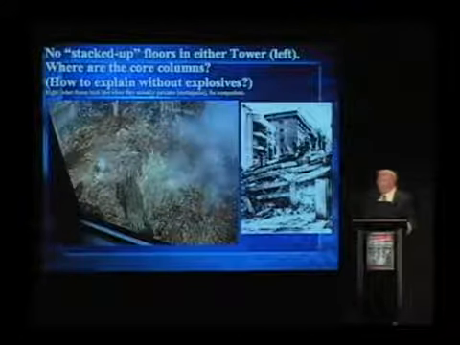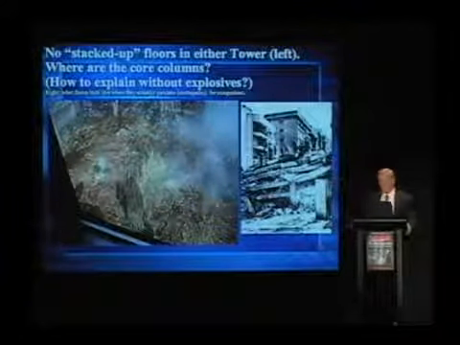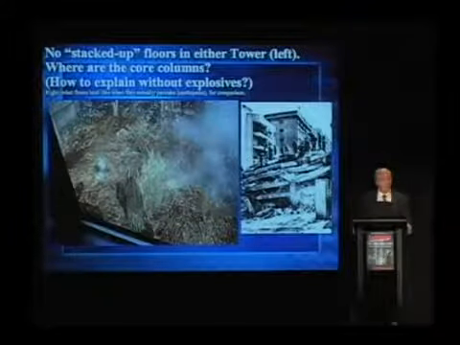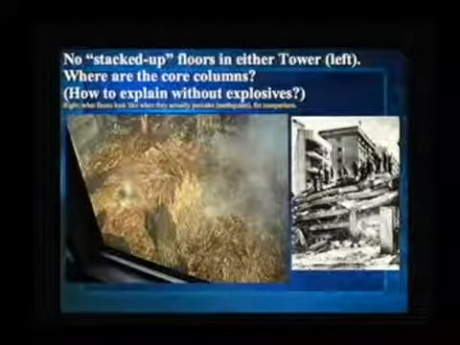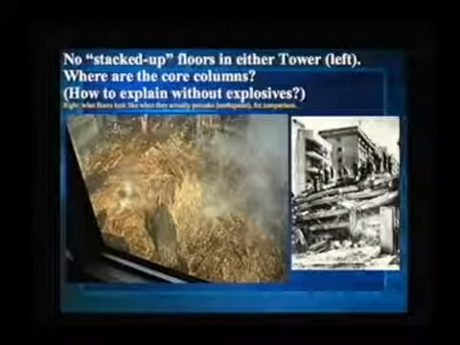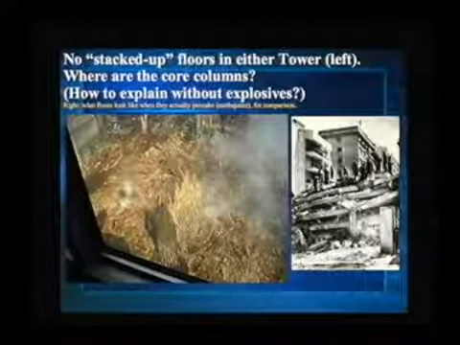On the right we have pancaking that can occur, but it didn't occur at the World Trade Center. There is no stacking of floors. Furthermore, the core columns are gone. Those core columns provided a lot of the support in these towers, and they are gone. That suggests again to me use of explosives.